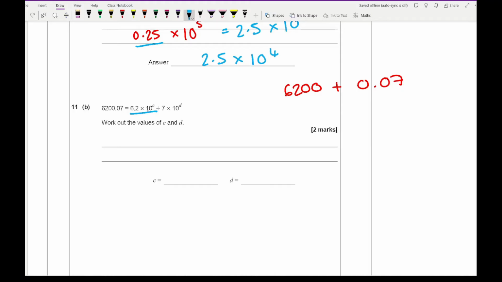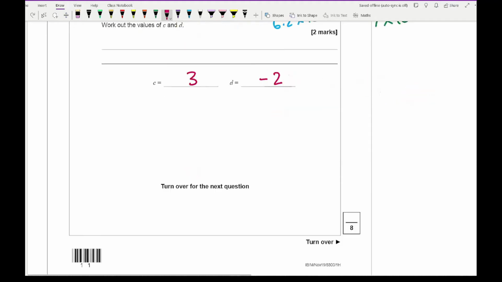So to convert this number into standard form, that's going to be 6.2 times 10 to the 3. And if I wanted to convert this into standard form, well, that's going to be 7 times 10 to the power of minus 2. And there we've got our answers of the powers of C and D. So here C is going to equal 3 and D is going to equal minus 2.